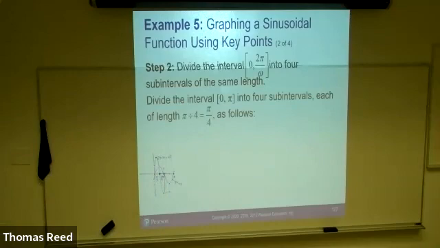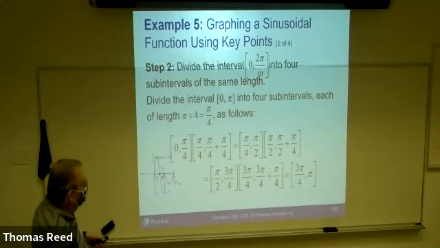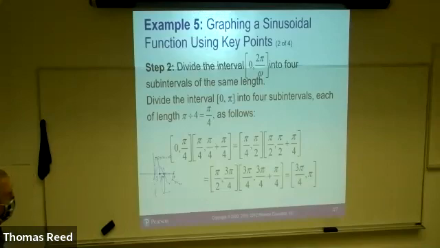And the 4 sub-intervals: you have pi over 4, and then you have half a pi, and then you have 3/4 pi, and then you have pi again.